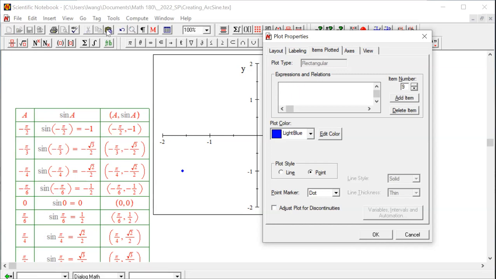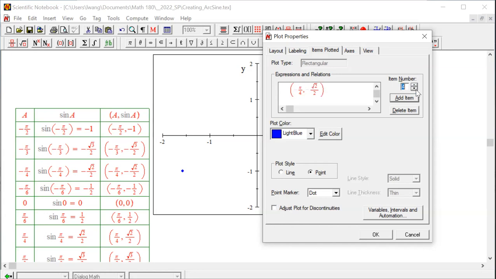One more dot, pi over 3, that's root 3 over 2, and pi over 2, and that's going to be positive 1. Okay, did I make any mistake? Oh, this is positive, this is negative. This is going to be positive, right? There we go.